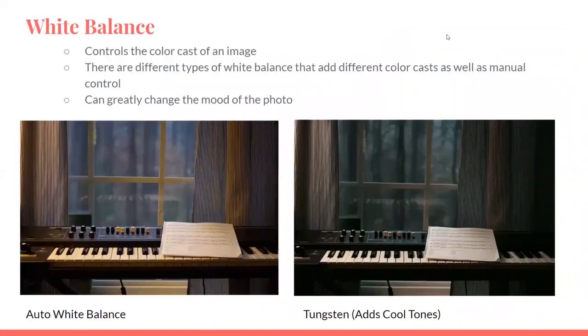White balance is another setting of the camera that can really affect the way your image looks. White balance controls the color cast of an image, and there are different types of white balance that the camera will automatically add, as well as manual control.